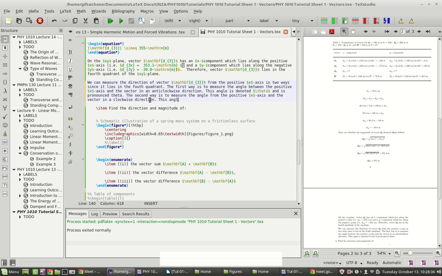This angle is denoted phi and is pronounced phi.